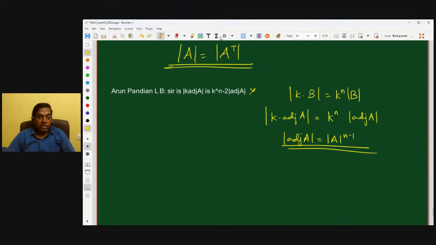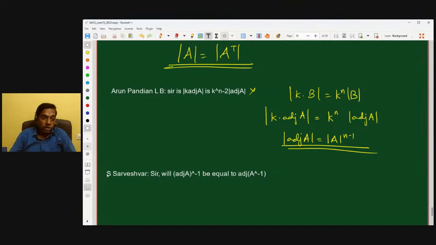Sarveshwar has asked a tough question. Will adjoint A, the whole inverse, be equal to adjoint of A inverse? You should actually check it and see. Let adjoint A be equal to B. Is adjoint of A inverse equal to B inverse?